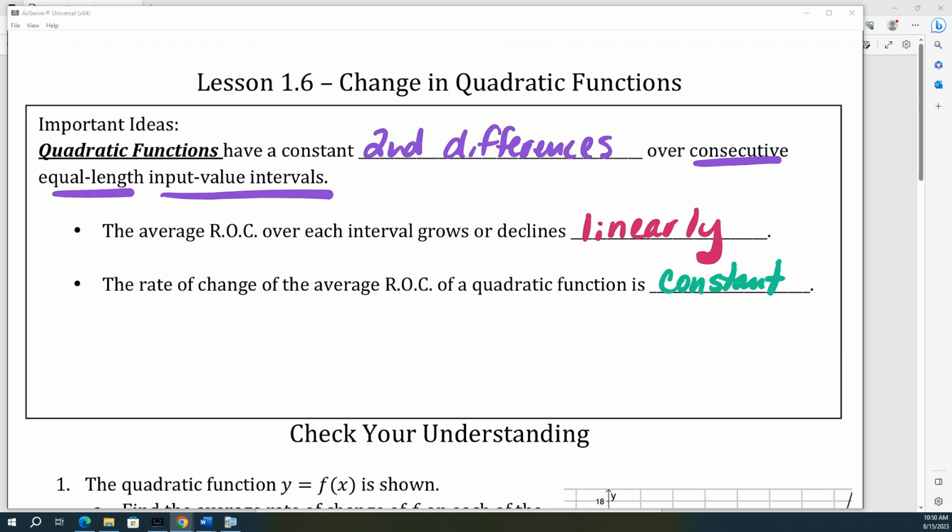All right, and then I just wanted to put in a reminder about concavity. It seems like you guys remembered it, which is great. But the graphs of quadratic functions are parabolas, and parabolas are either always concave up or always concave down. And concave up looks like a cup.